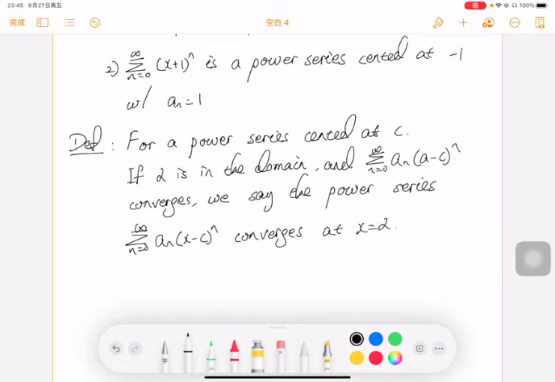Essentially, if some alpha is in the domain, then we replace the x with alpha, and that series will then be a summation of numbers, and we can determine if that series converges or not. And if it converges, then we say the power series converges at x equals alpha.